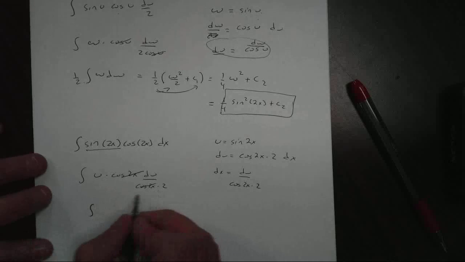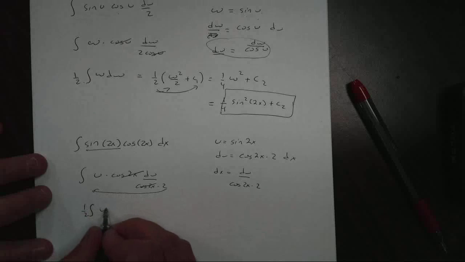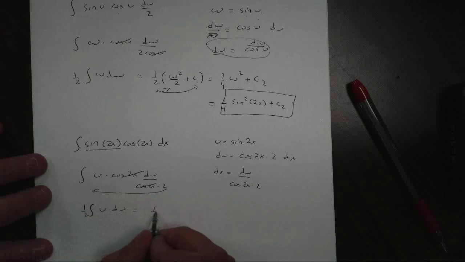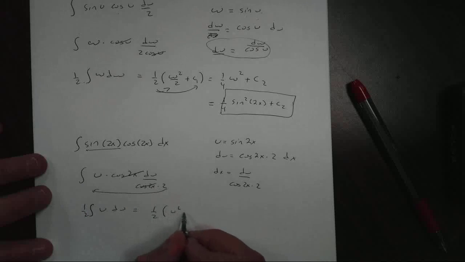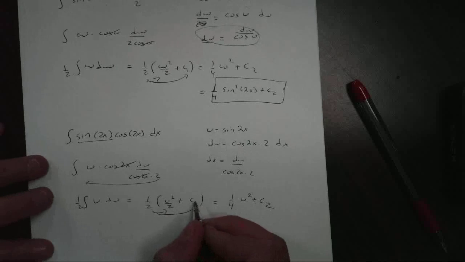Already, you should recognize I got that 1/2 on the outside. Bring the constants out. I get u du. So I get 1/2 u squared over 2 plus c1. And if you notice, I do get the same answer: 1/4 u squared plus c2. Don't forget you're distributing both.